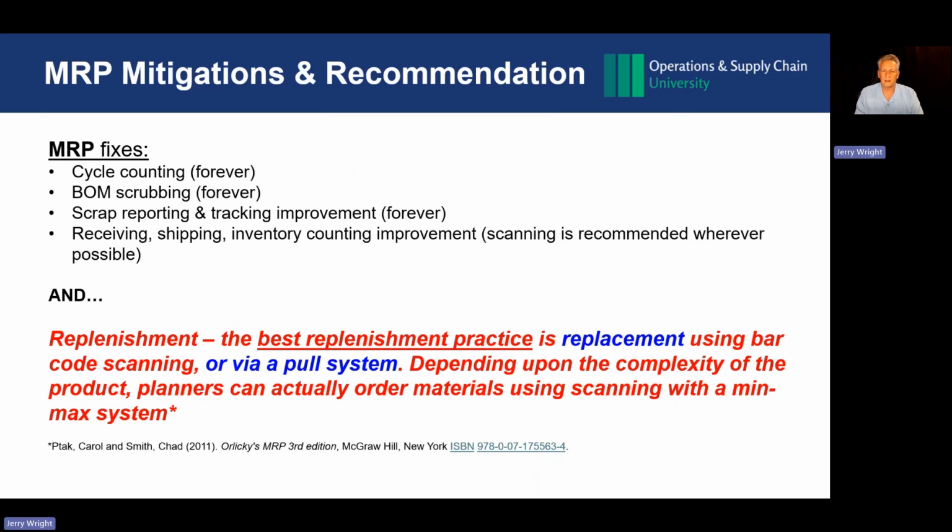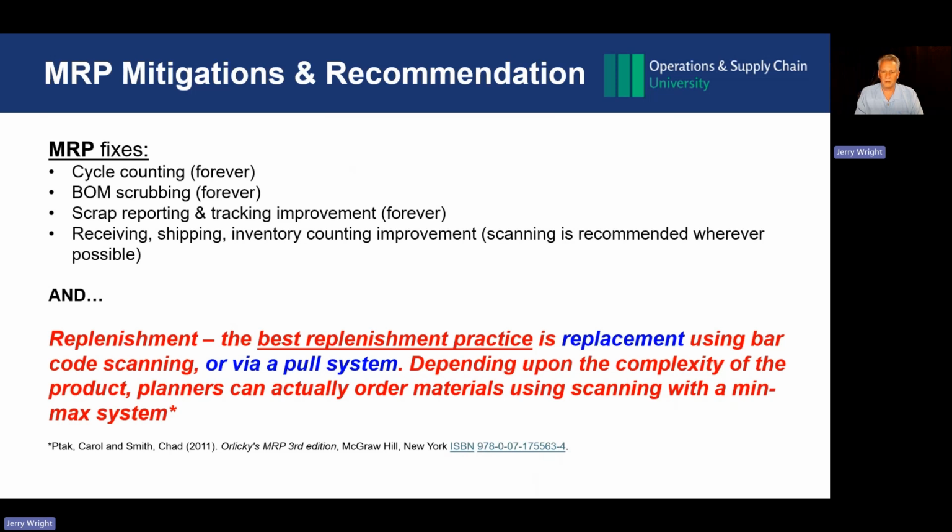They wrote the book and the updated books on it. They said the best replenishment practice is replacement using barcode scanning or via a pull system, Kanban. Depending on the complexity of the product, planners can order materials using scanning with the min-max system. Again, min-max system, Kanban. This is from Carol Ptak and Chad Smith.